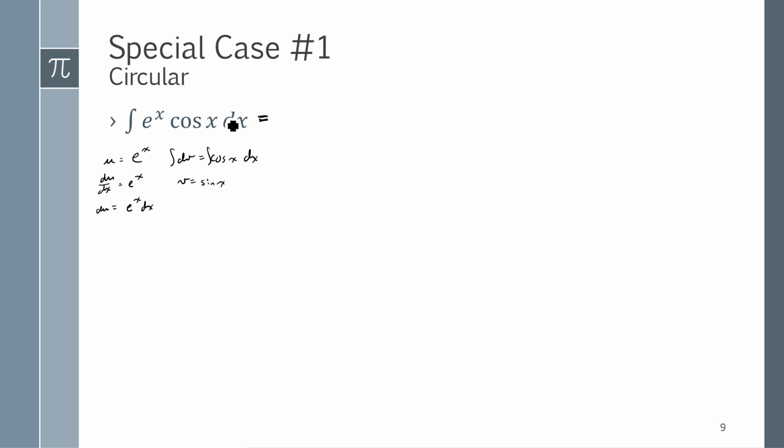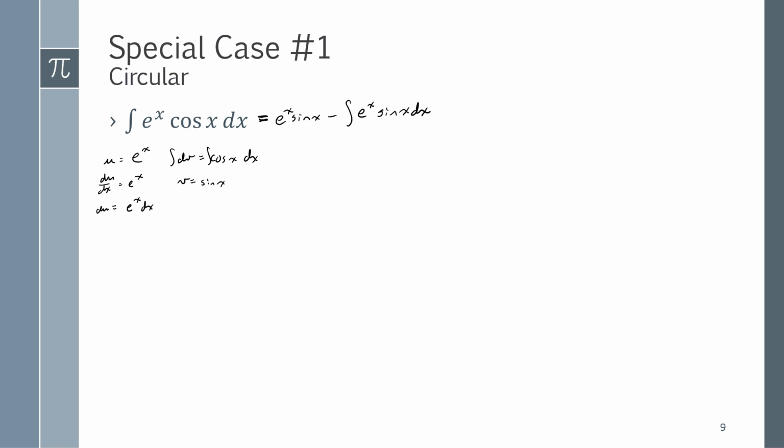I've got that my original integral is going to be equal to u times v minus the integral of v du. So I've got part of my antiderivative, but now I notice with the other integral, I don't know anything that has a derivative of e to the x sine of x. I don't see anything that makes me think chain rule is involved, so it's not substitution.